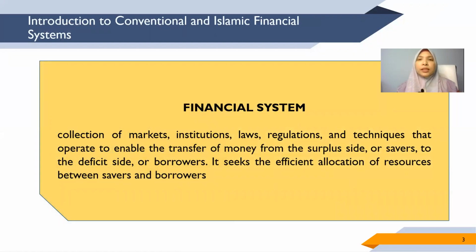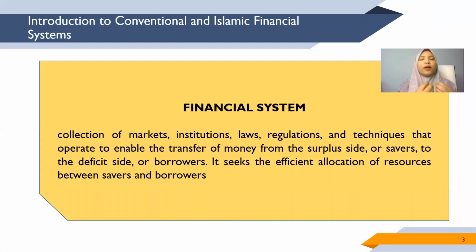When we talk about the system itself, we have all these participants. For example, we have the market itself. The market consists of the people with surplus funds, and also the borrowers, people with the deficit.